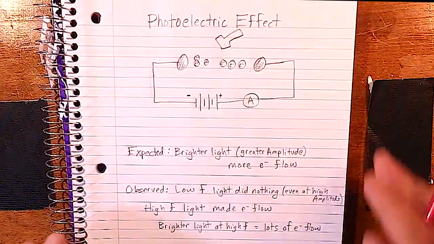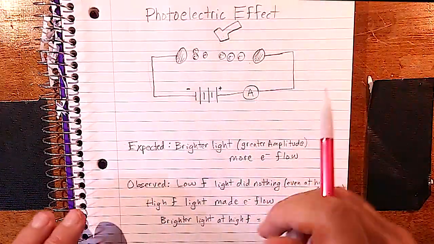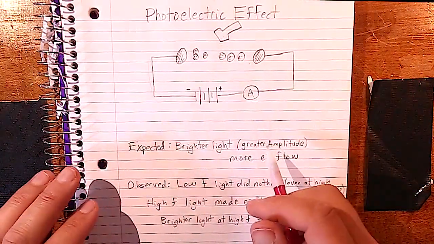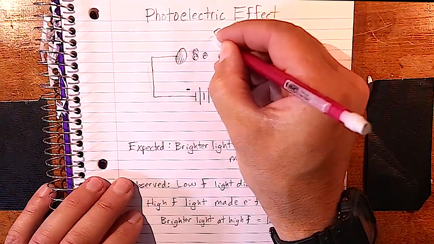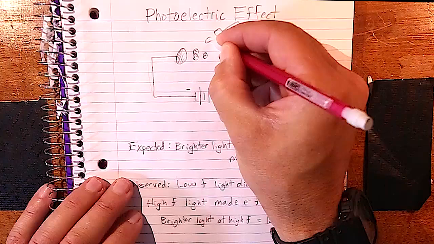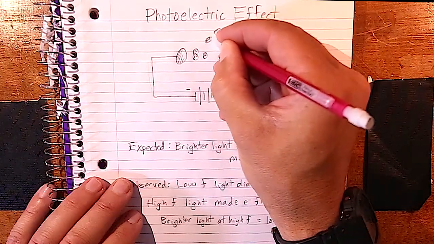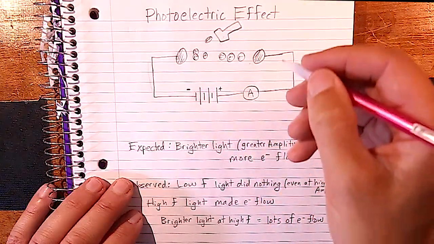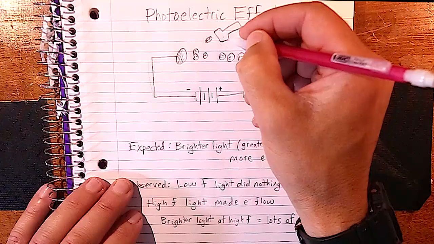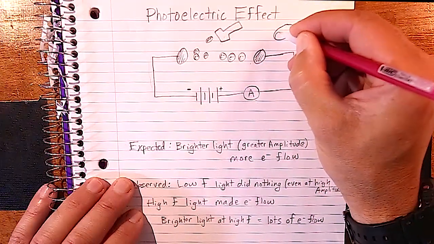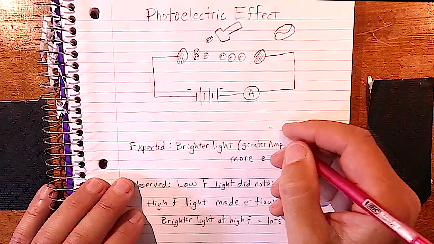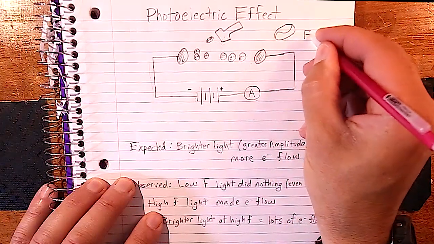So it was Albert Einstein who was able to explain what was happening, and this is what he won the Nobel Prize for. What he said was that there were these things called photons. They're wave packets. And every time you turn on the light, if you have red light, you have this packet, and it's got low frequency, so therefore it has low energy.